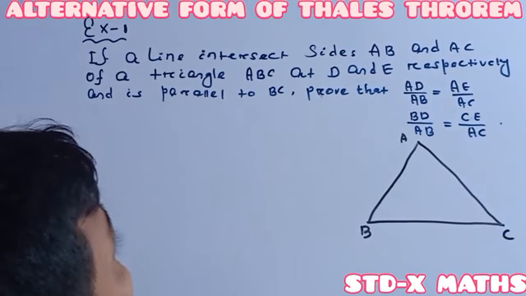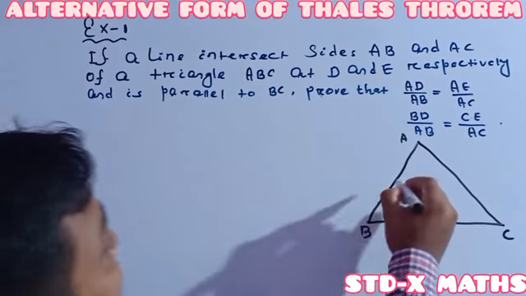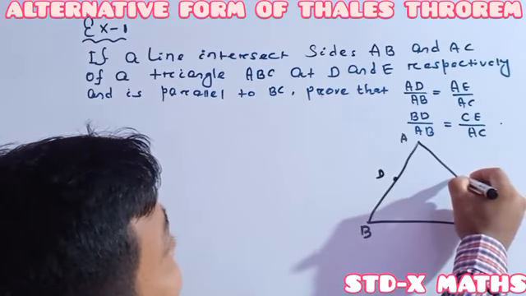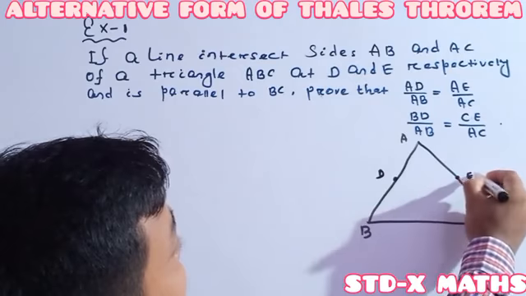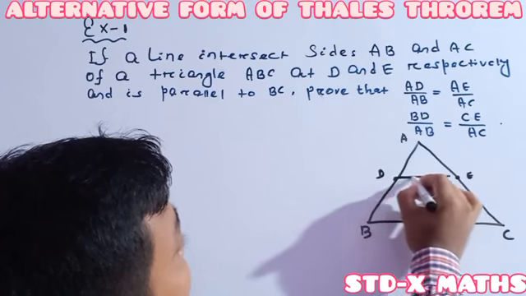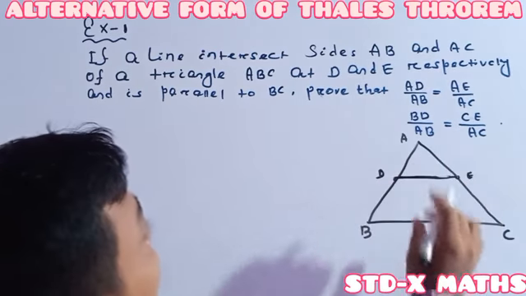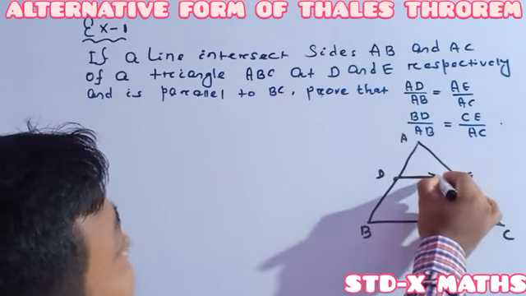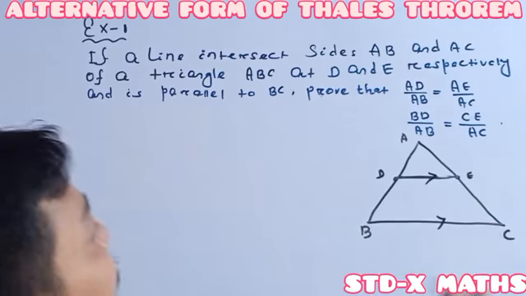A line intersects AB at the point D and AC at the point E. This line segment DE is parallel to BC.